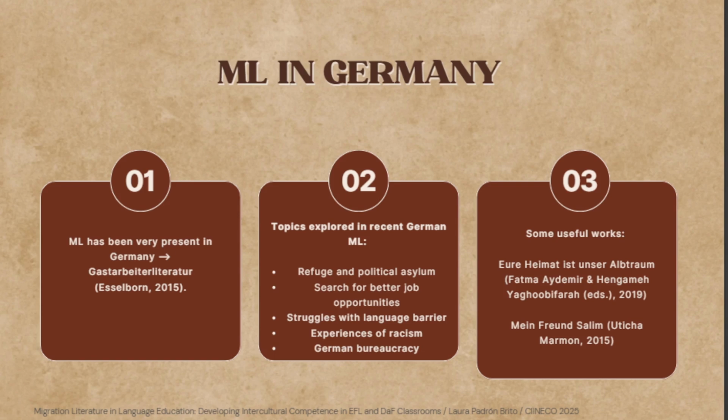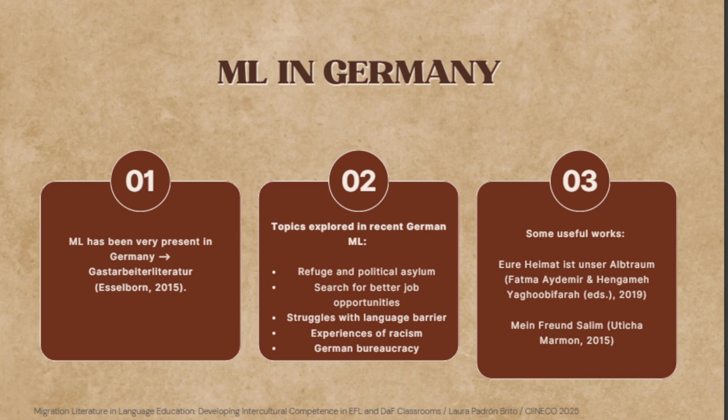However, the political landscape in Germany has changed, and although they still receive a lot of migrants who are seeking better jobs and a better quality of life, they have also received large amounts of migrants who are looking for political asylum, for example, due to war in their country of origin. This is reflected in German ML as well as the struggles that they or their families may face with the language barrier.